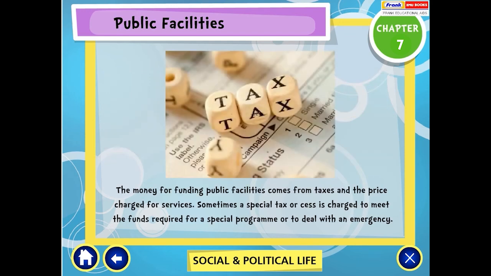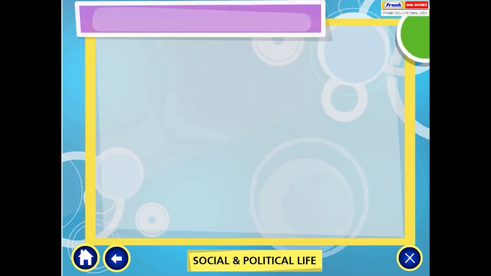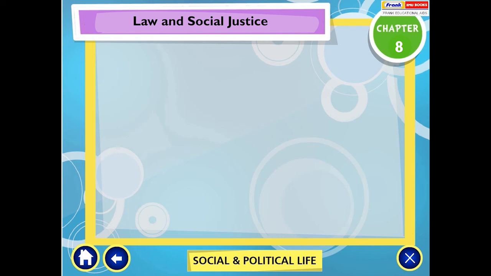The money for funding public facilities comes from taxes and the price charged for services. Sometimes a special tax or cess is charged to meet the funds required for a special program or to deal with an emergency.